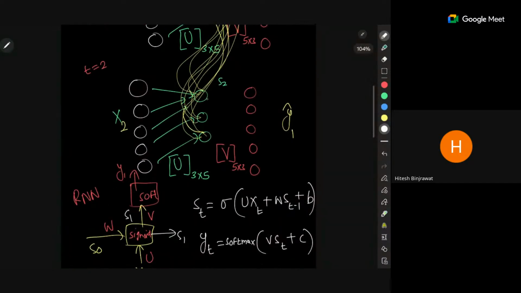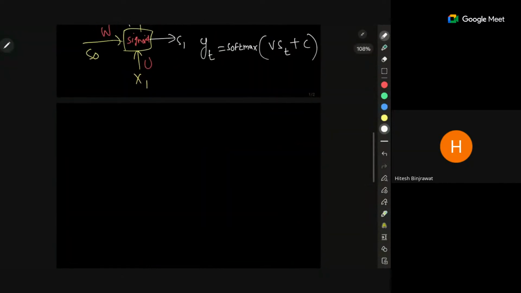So whatever S2 is produced here will go to the next one, right? Let's say one is sigmoid, right? So S0 will come, W are the weights, X1 is coming, U are the weights, and it is producing S1, and of course W weights, then it will go to the next layer, right?